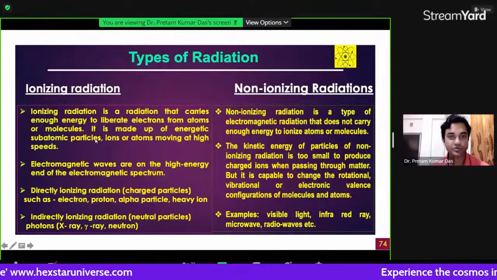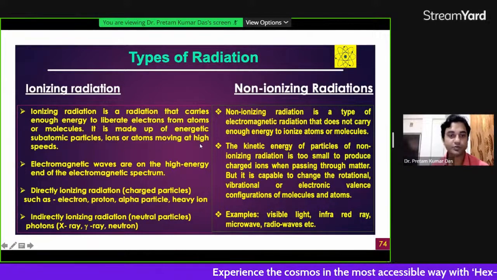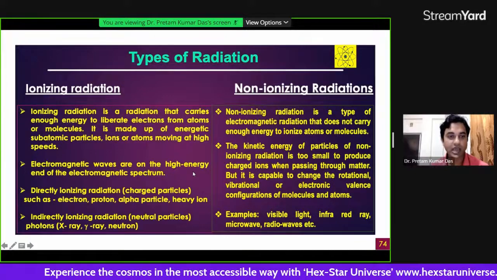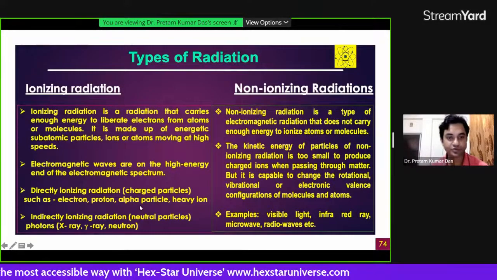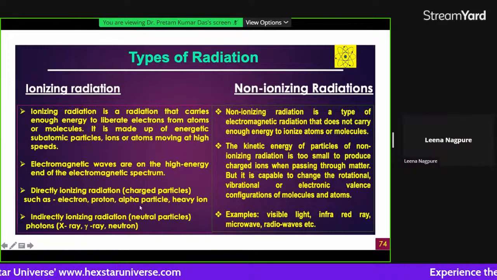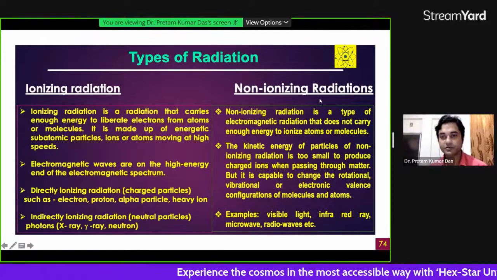It is made of energetic subatomic particles like ions or atoms moving at high speed. The electromagnetic waves are at the high energy end of the electromagnetic spectrum. Examples are electrons, protons, alpha particles, heavy ions, and indirectly ionizing radiation like X-ray, gamma ray, and neutrons.